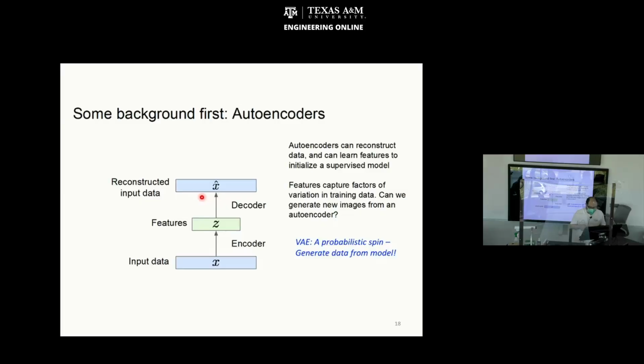Can we generate new images from an autoencoder? If you want to generate a new image, you have to use a decoder, right? Can you generate a new image from an autoencoder?